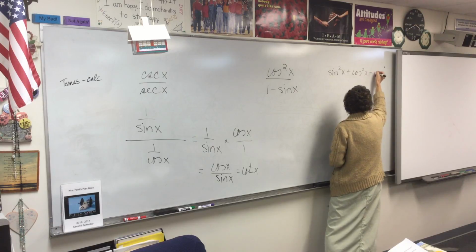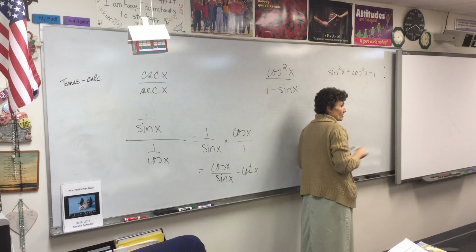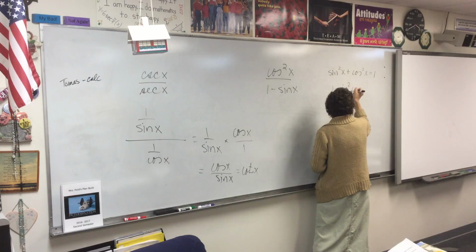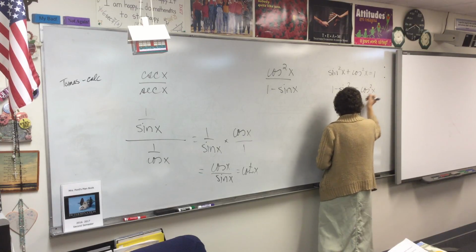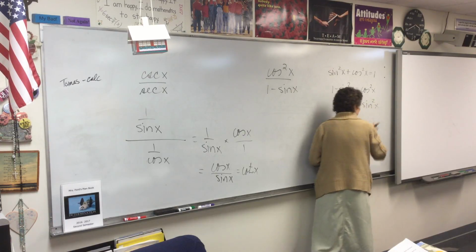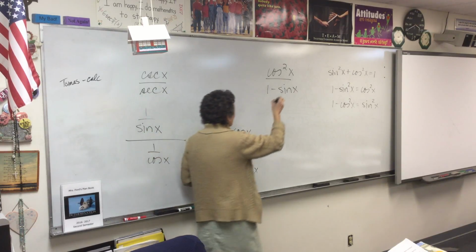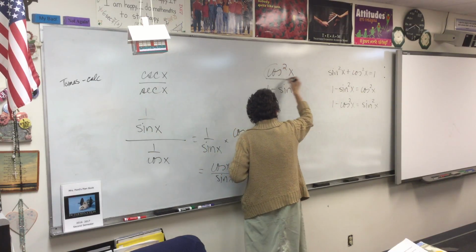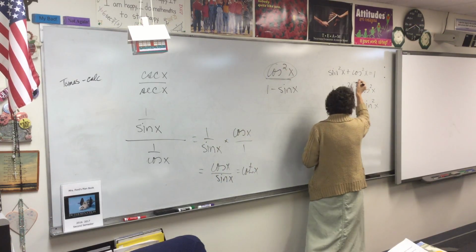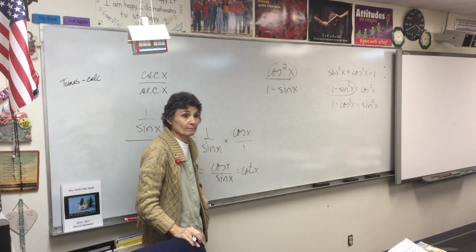But underneath it, you remember what I had you write? 1 minus sine squared equals cosine squared, or 1 minus cosine squared equals sine squared. Now, what does that mean? That means that whenever you see a cosine squared, you are allowed to replace it with 1 minus sine squared.